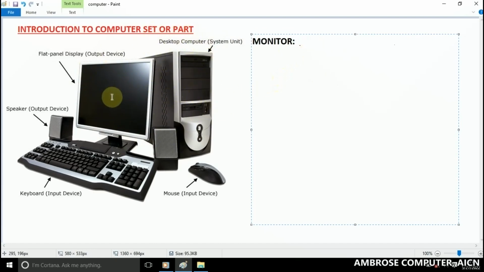This one is called the monitor, this one is called the keyboard, and this one is called the CPU. People also refer to it as the brain of the computer, or the processing unit. Then this one is referred to as the mouse. This one is an external speaker. Why do I call it an external speaker?